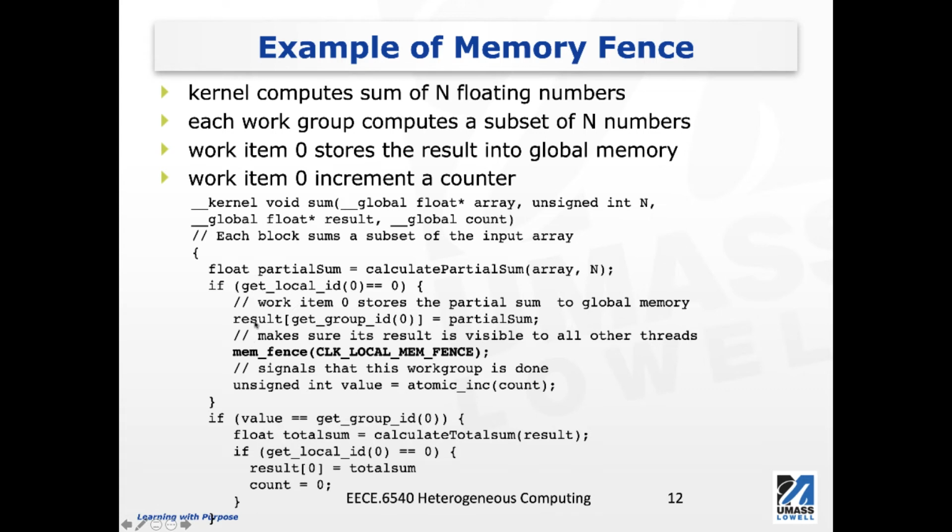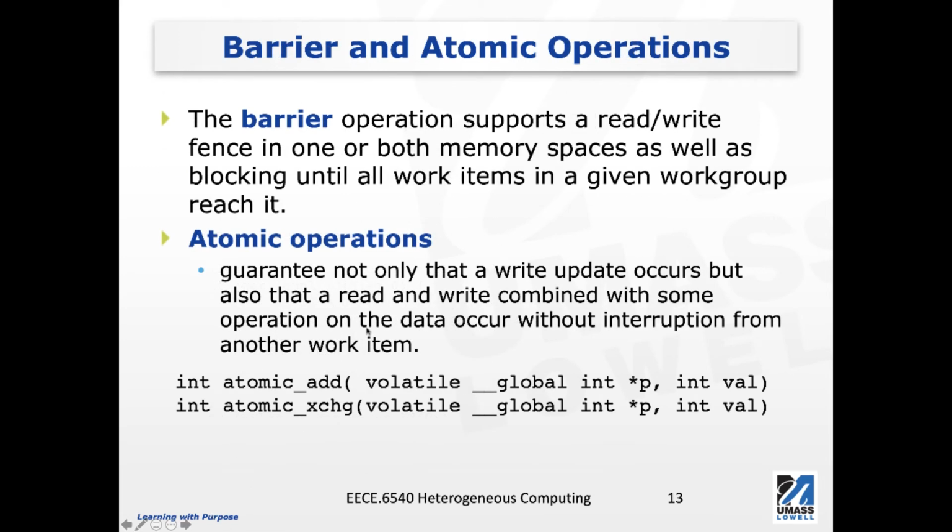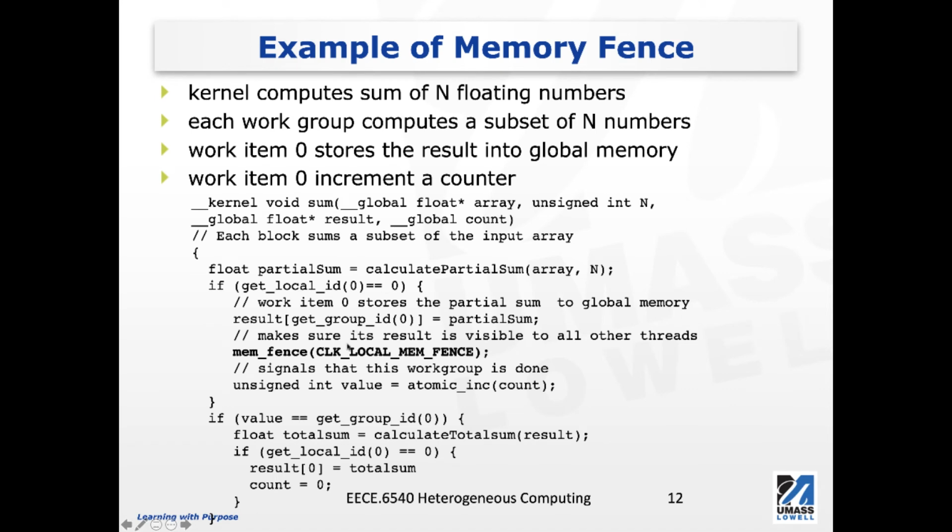So if we do not have the fence instruction here, it may happen that the order of these two instructions will not be guaranteed. So it may happen that the increment instruction happens before we put the partial sum into the result. With the memory fence instruction, we basically guarantee that the assignment to the result happens definitely before we increment the counter, and that's exactly what we expect to do.